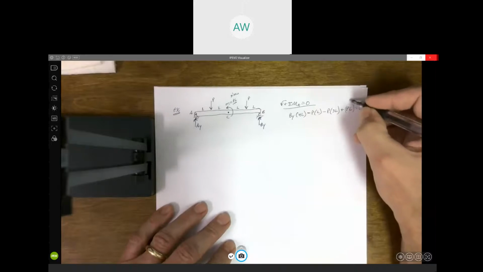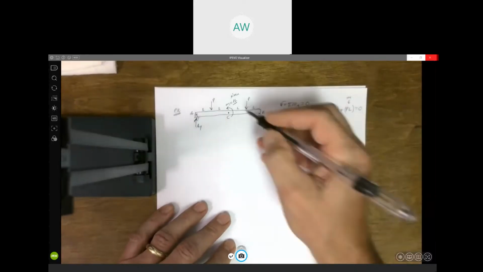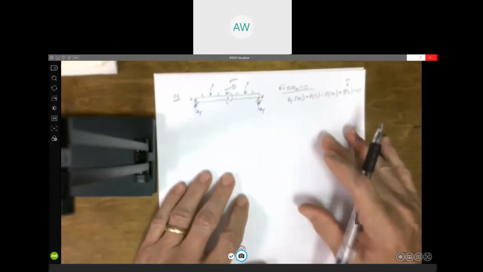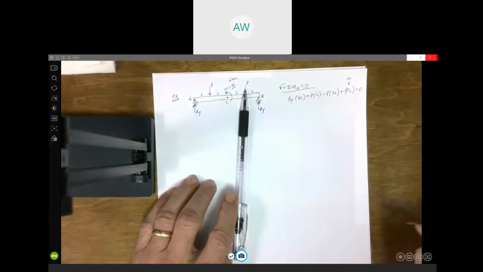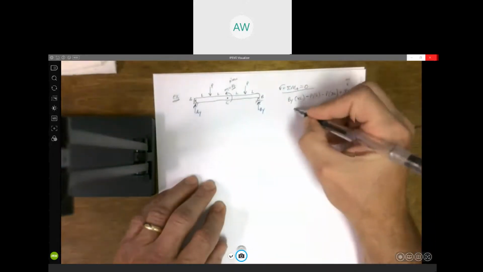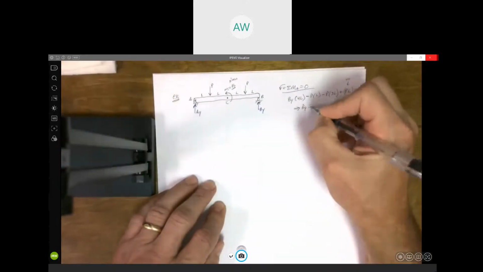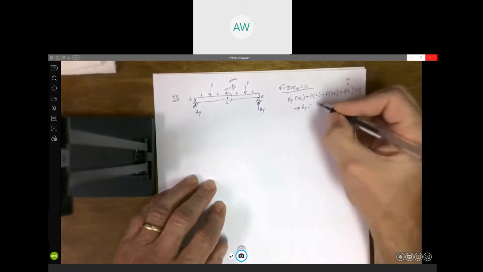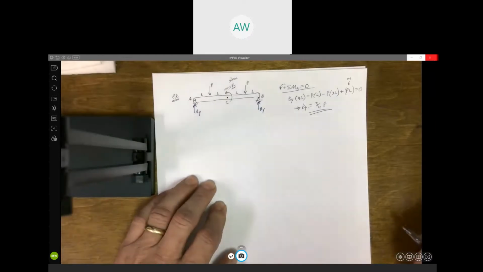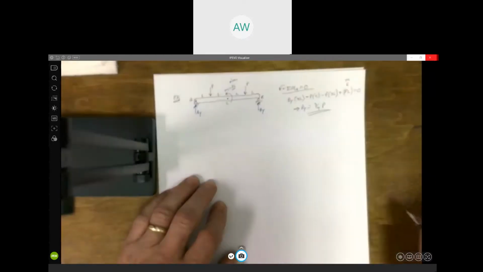And again, that's our moment. We were told the magnitude of that moment is P times L. And we solve for BY. I got BY was 3/4 P, if I did the math right. If somebody sees something, if I messed up my equation, then speak up.